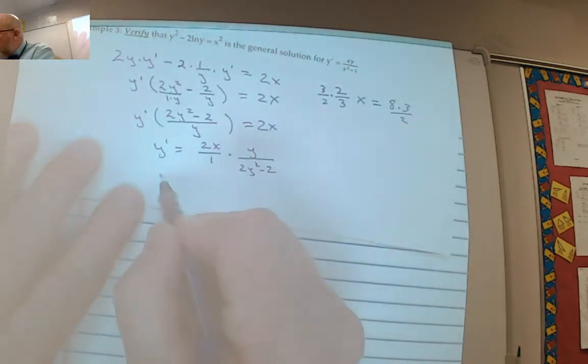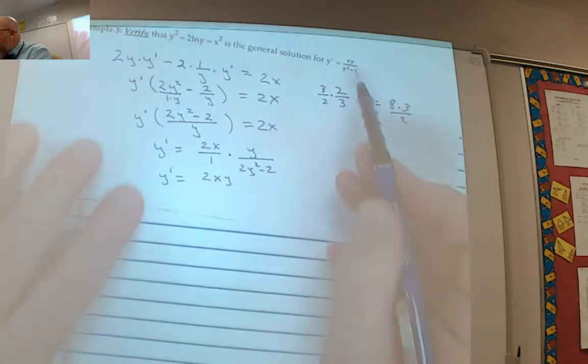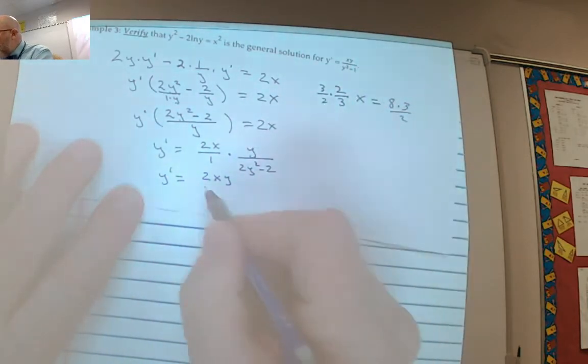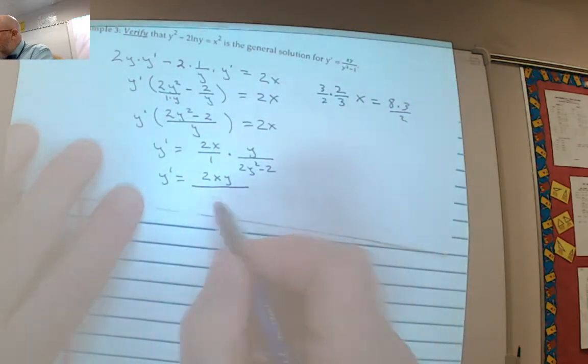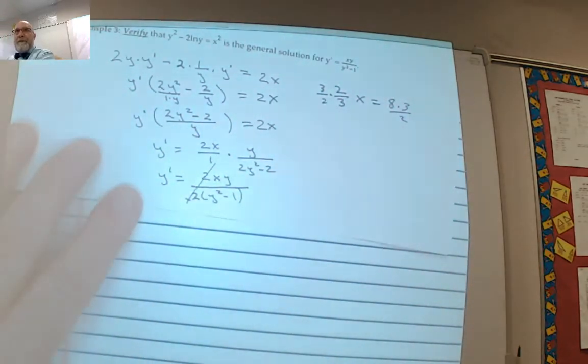So that gives me y prime equals 2xy. Remember, I want xy in my numerator, don't I? And I got it there. I got a 2, but it'll go away here soon. And I'm going to factor out a 2 and get y squared minus 1. And those are gone. And I've verified it.